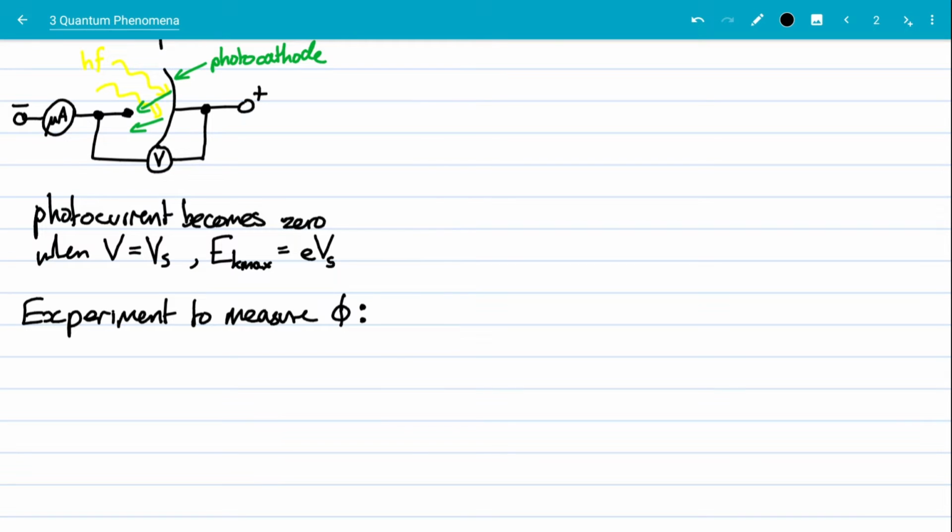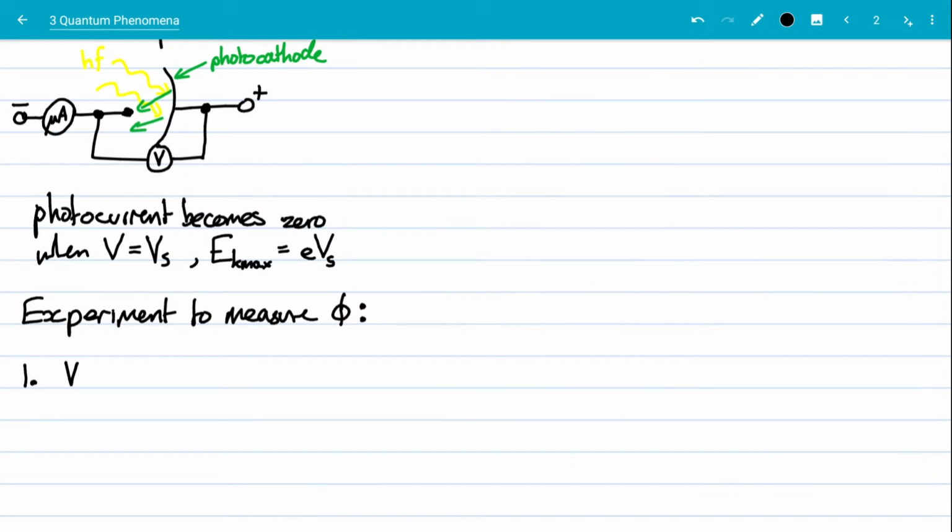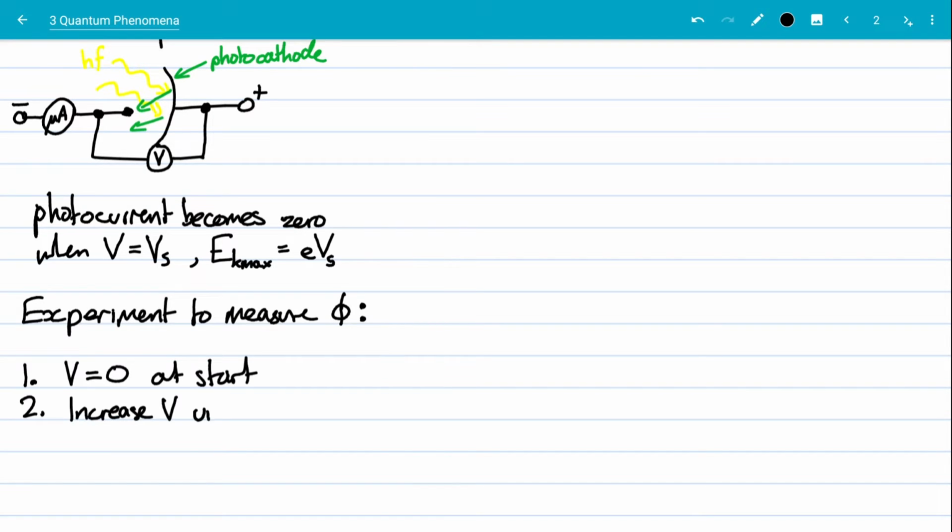What we could do is start with V equal to 0, like that. We could then slowly increase V until the photocurrent is equal to 0.